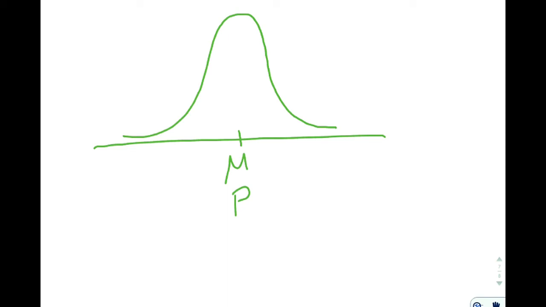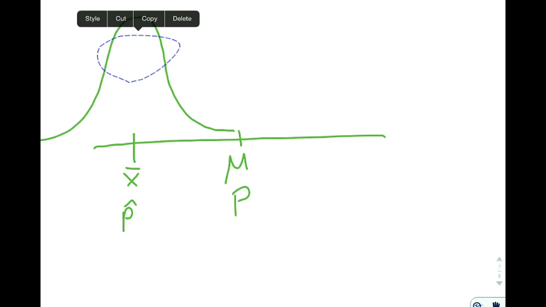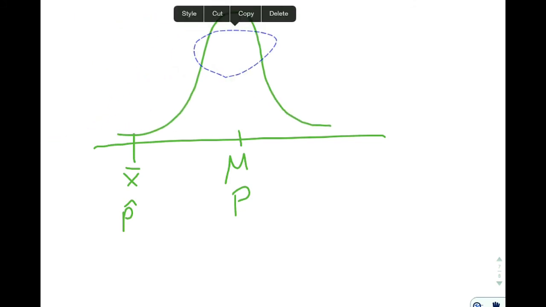So let's say your x bar, your p hat, is really down here, and your confidence interval says the sampling distribution looks like so. We pick that up and just slide it over. StatKey actually does that internally. It just slides over that distribution. When we generate our graph, we are going to use the standard deviation from the sampling distribution, but we're going to put mu and p in the center. So that's kind of our little workaround of how we do that.